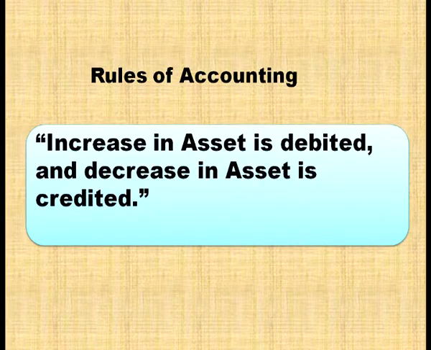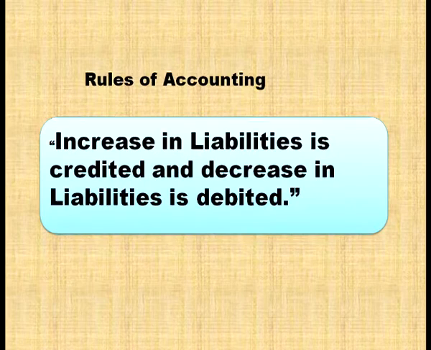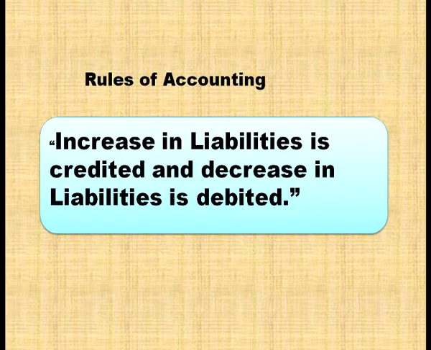Increase in asset is debited and decrease in asset is credited. Increase in expenses or losses is debited and decrease in expenses or losses is credited. When we are discussing liabilities, this is the rule. Increase in liabilities is credited and decrease in liabilities is debited.